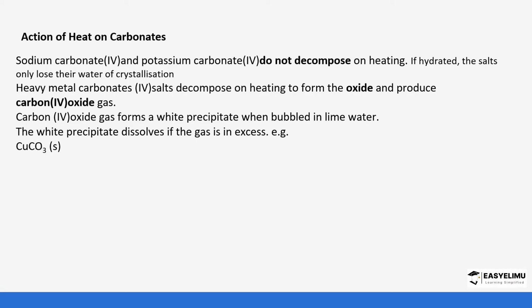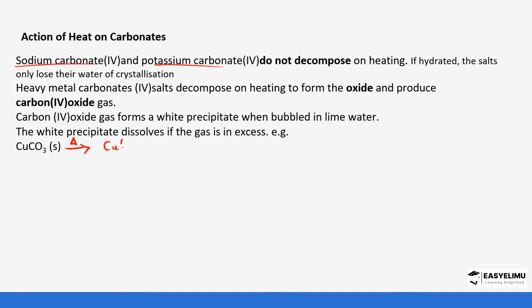For example, if we take copper carbonate, this is not sodium carbonate and it's not potassium carbonate, so it's definitely going to decompose. When writing your equation, show a heat sign or write heat. Ensure that it's there, because if you leave it out you are going to miss some marks. Copper carbonate decomposes to form the oxide.